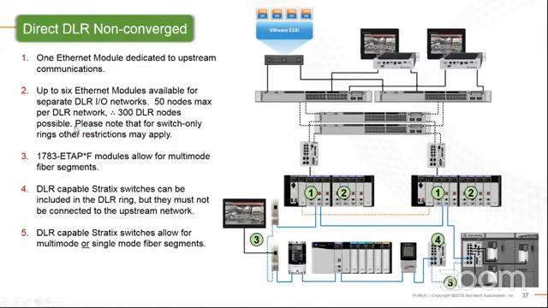In a device level ring, you are looking at 50 node max, so 50 individual devices. Because you can have multiple communication cards, you can support multiple nodes. We just have to watch out for the total number of connections capable within the controller that you choose. This will be true for both an L7 and an L8 style design.